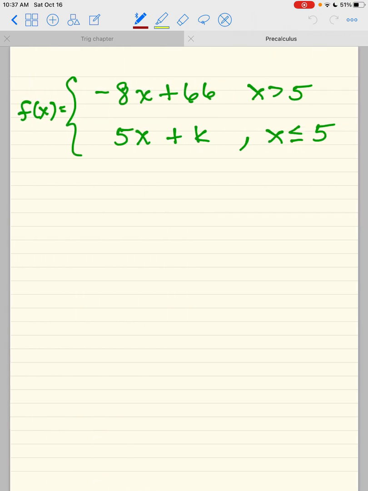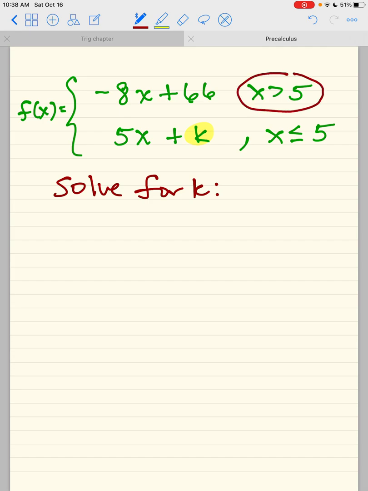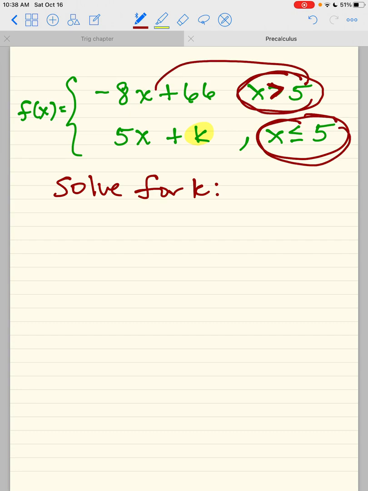So here, I'm going to solve for k in order to make this function continuous. So basically, what value of k will make this function continuous? Well, in order for this function to be continuous, the limit from the left must equal the limit from the right. In this case, they tricked us. The limit from the right must equal the limit from the left. So let's put 5 in here.